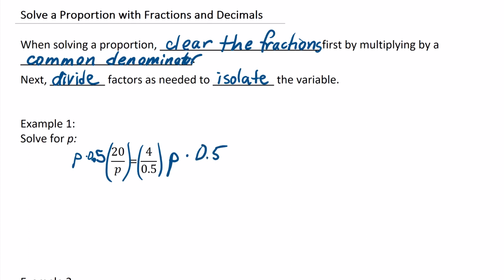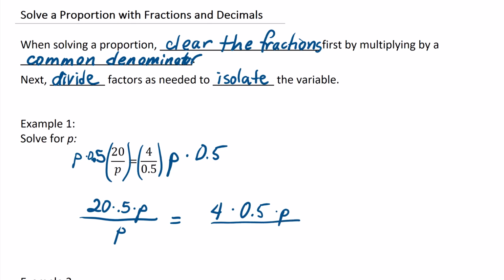And so when I do that, I will have 20 times 0.5, or 1/2, times p over p equals 4 times 0.5 times p over 0.5.